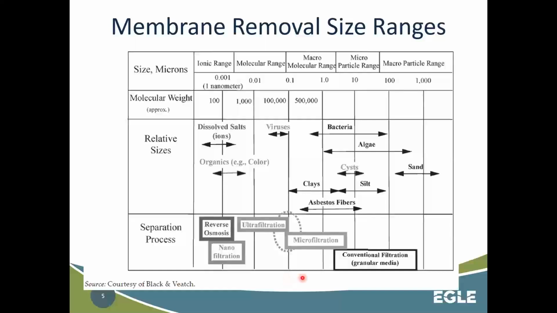And what is important to point out here, look at the size range of bacteria, algae, cysts, that would be your cryptosporidium, clays and silts, that's a common part of turbidity, and viruses. And look how those sizes compare to these membranes. And so our cryptocysts are over here, and all of these pore sizes are smaller, except maybe the high end of microfiltration.